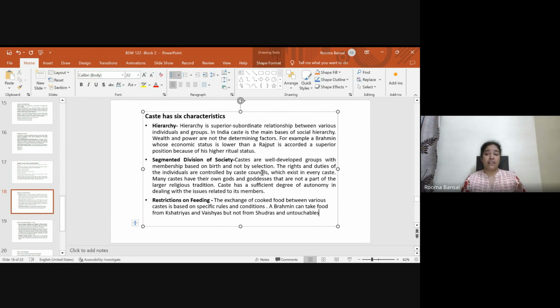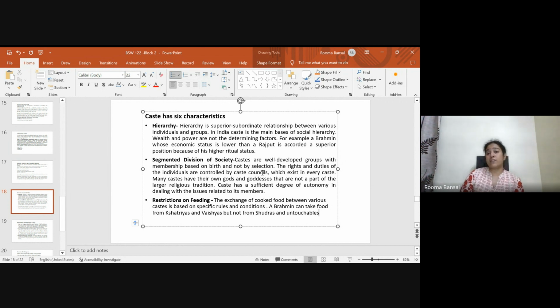Here we can take the example of a priest, a person who performs worship for other people. He does not have good economic status or financial condition, but still he is in a superior position because of his higher ritual status. Clear?